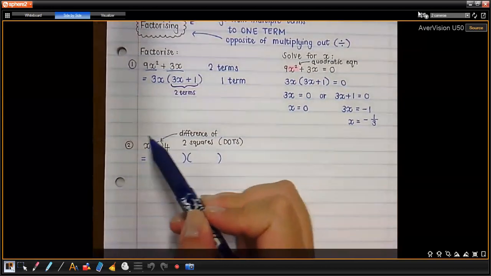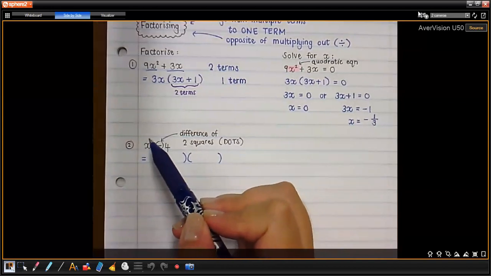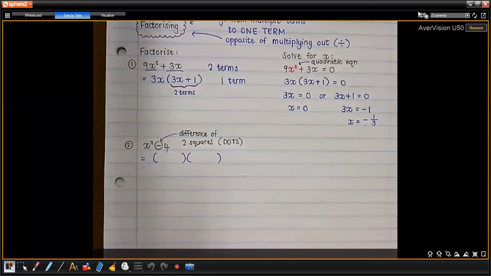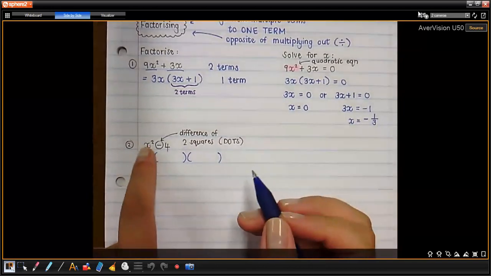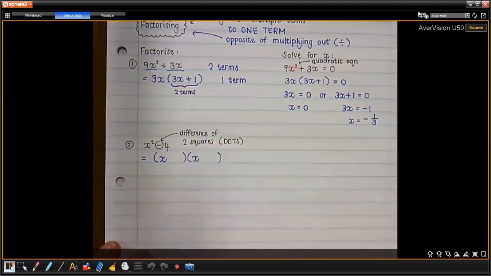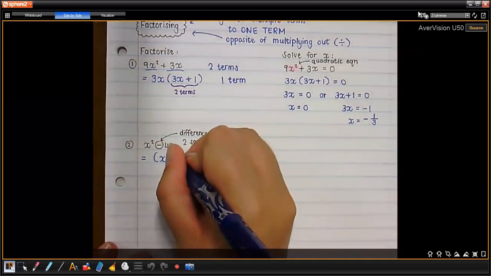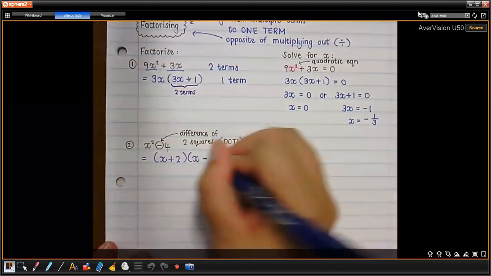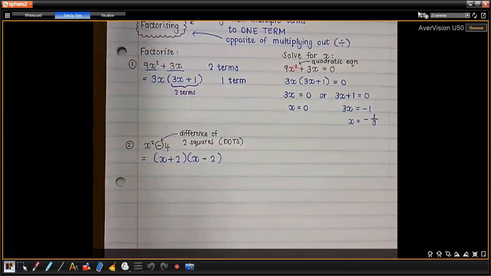How do we get the x? Square root, good. Okay, so your terms that go into these brackets are the square roots of the original terms. Okay, so the square root of x squared is x. So that goes into both of them. The square root of 4 is 2. And then you put a plus in the one and a minus in the other one.